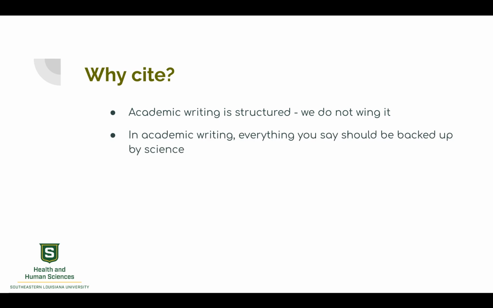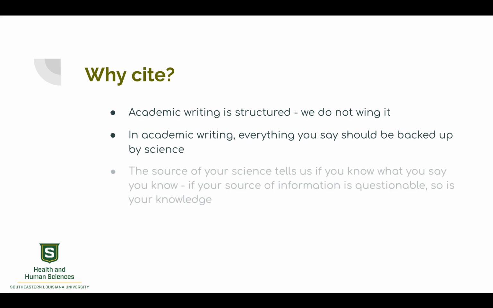In academic writing as well as academic speech, everything you say should be backed up by science. One of the reasons that we need to specifically cite the source of your science is because it helps us to know whether you know what you say that you know.